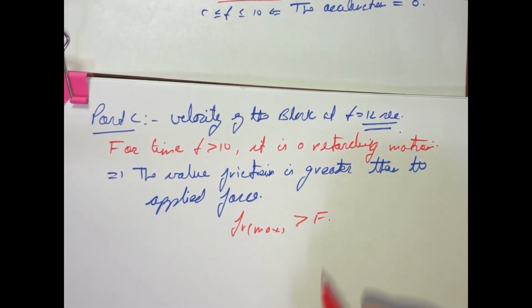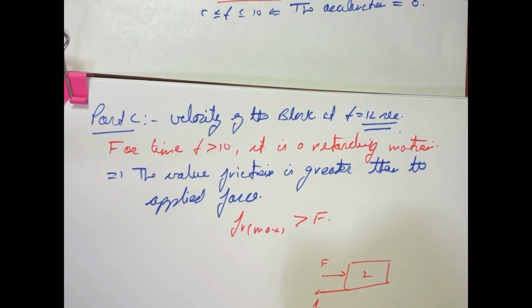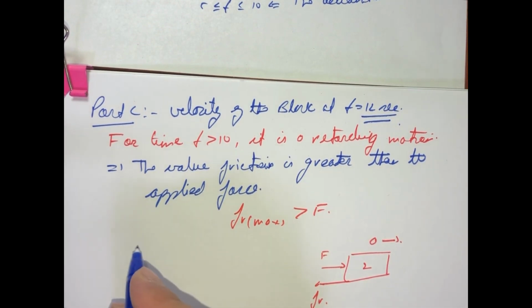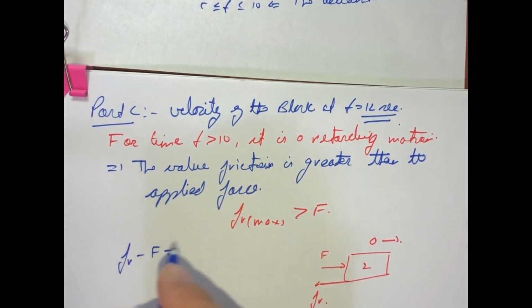Okay. So once again, this is a 2 kg block, applied force is F, and this is now Fr, and suppose it is moving with the retarding motion of a. Therefore, we can write this equation as Fr minus F is equal to mass into acceleration a.